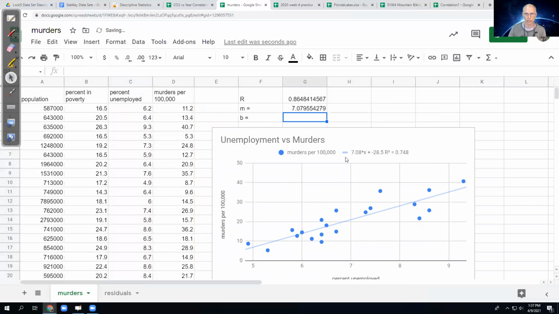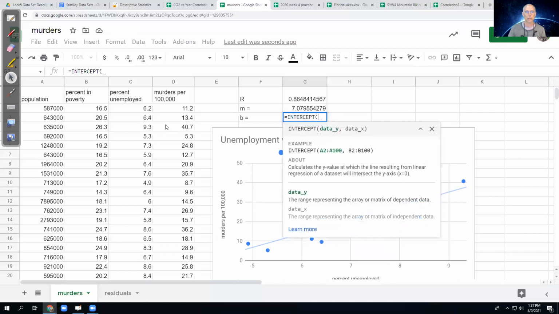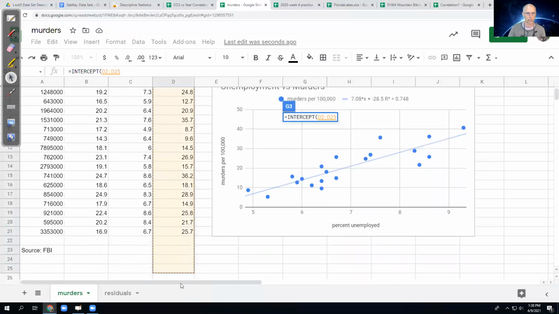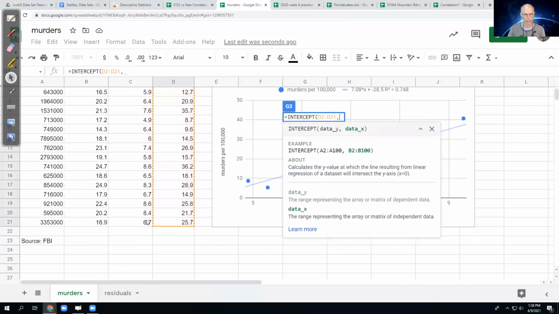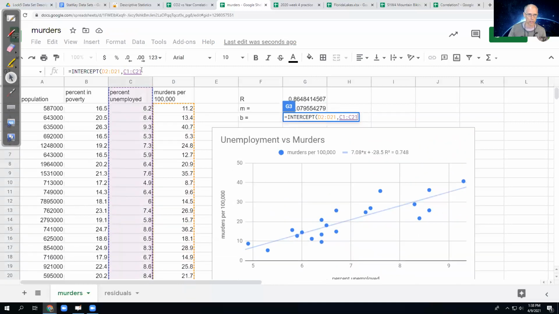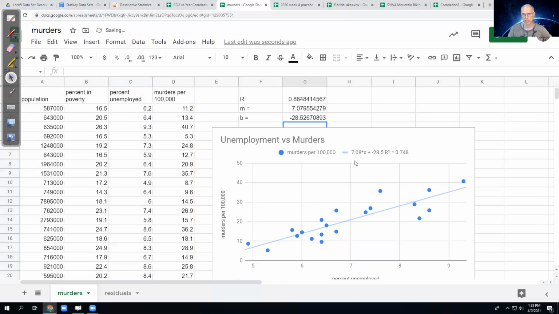Same thing, intercept, intercept, Y values, and X values. You've got to get that order right, otherwise you get the wrong numbers. All right, so it's just giving me the same numbers the graph did, just with more decimal places.